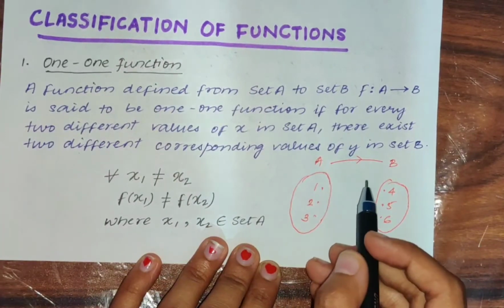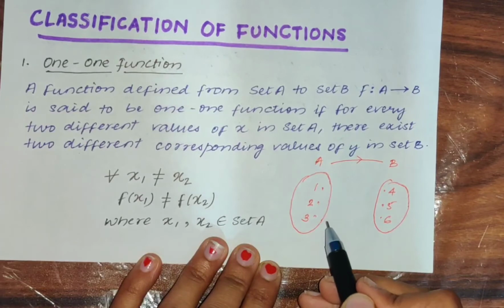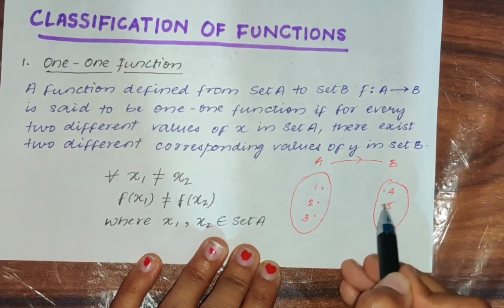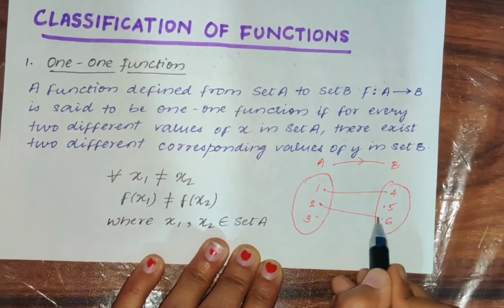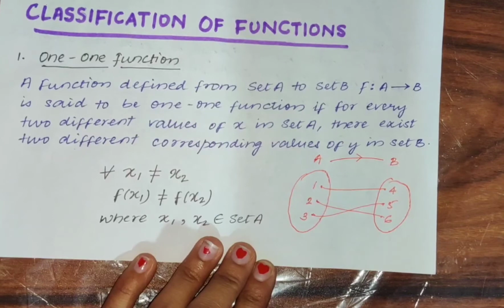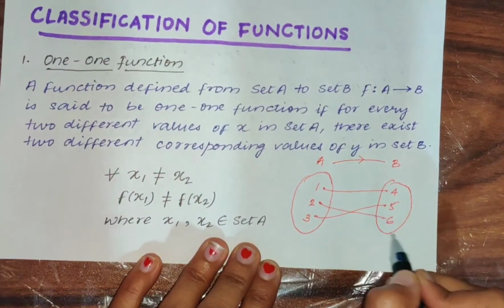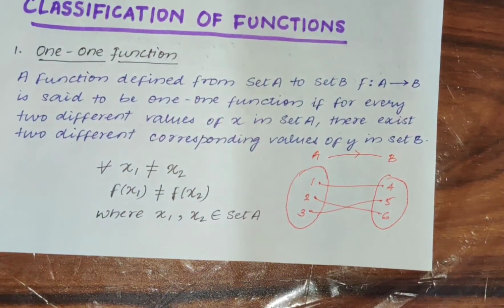As the definition says, for every two different values of x in set A, there exist two different values of y in set B. So every element will have a unique image in set B. This is a 1-1 function.